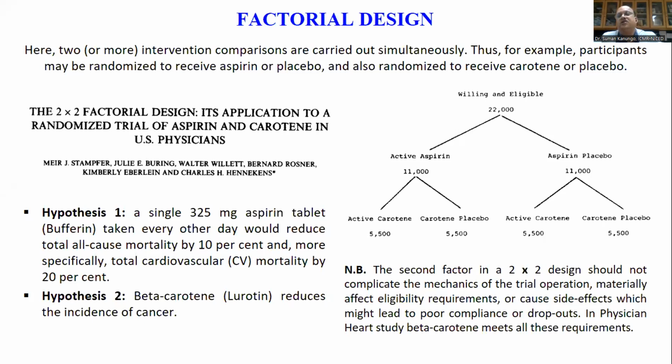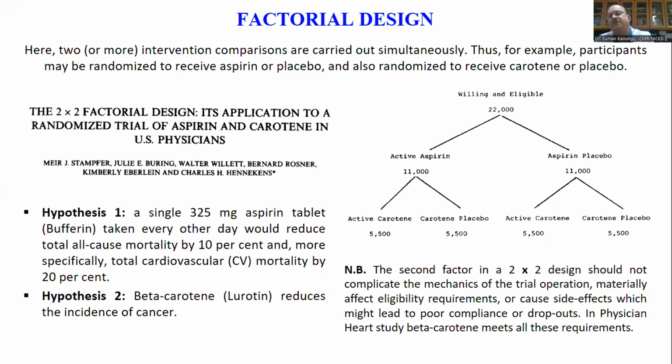How do we do it? First of all, participants should consent. In one group, we give aspirin, and in another group, we give a placebo or inert, which is the control arm. There is 1:1 allocation. Among the active aspirin group, we give beta carotene to some and not to others.